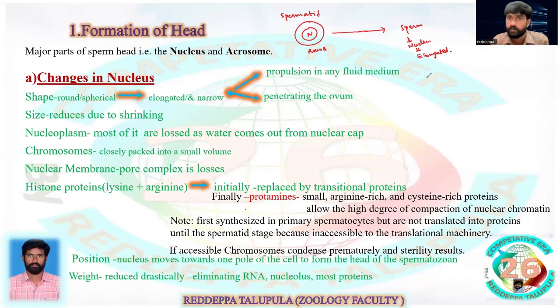That means the first shape, round and spherical, is converted into elongated and narrow. Why this conversion? Because of two functions. One, propulsion in any fluid will be increased, and two, penetration of the sperm into the ovum will be enhanced.